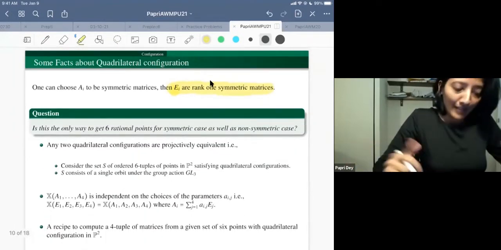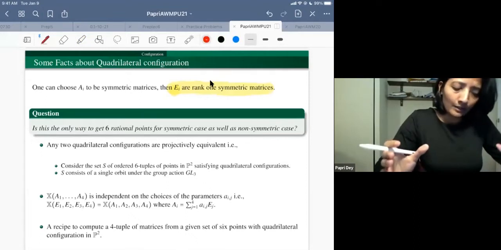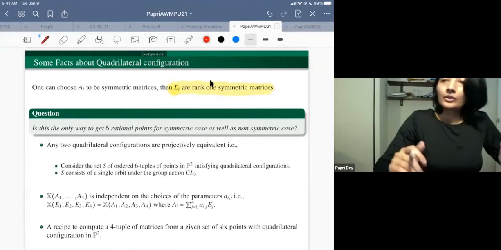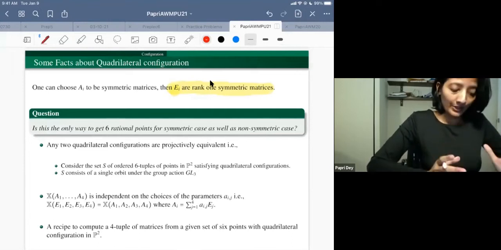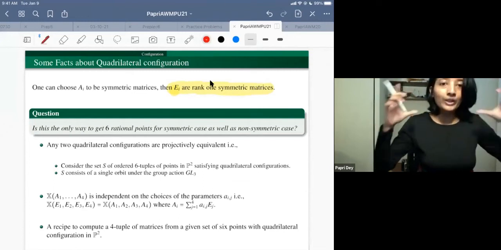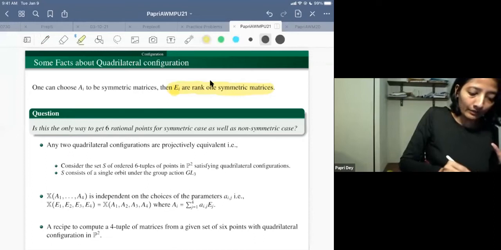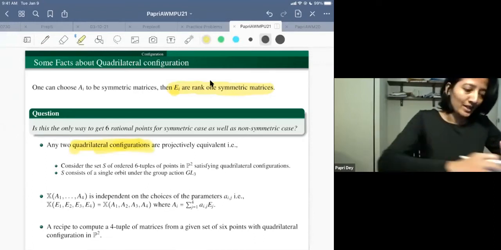And now a natural question arises: is this the unique way to get 6 rational points for the symmetric or non-symmetric case? The answer to this question is not yet known to us, but we can answer it partially, in the sense that if we have 6 rational points with quadrilateral configuration, then we can definitely answer this question. And the converse turns out to be true.